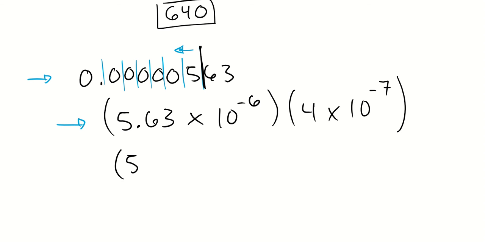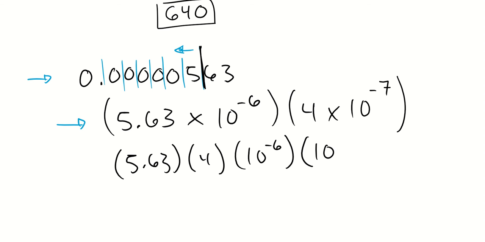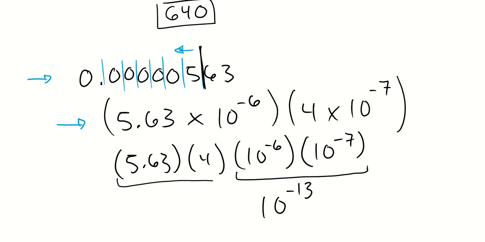So I'll rewrite this as 5.63 times 4 times 10 to the negative 6th times 10 to the negative 7th. And as far as my powers go, currently this is 10 to the negative 13th power. But I need to also find the product of 4 and 5.63. And that product ends up being 22.52.